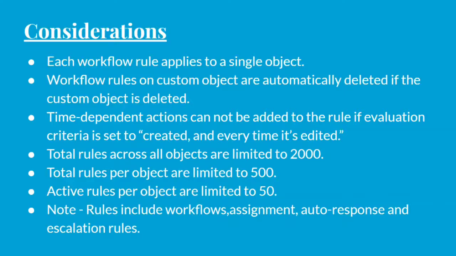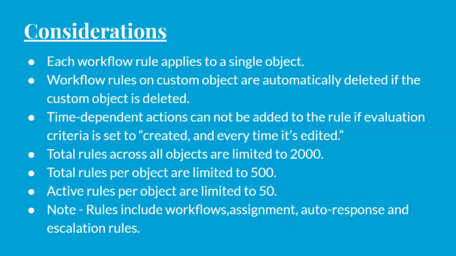Now total rules across all objects are limited to 2000. These rules include your workflow rules, assignment rules, auto response rules, and escalation rules. Together, across all the objects in your organization, the limit is 2000, and total rules per object are limited to 500.